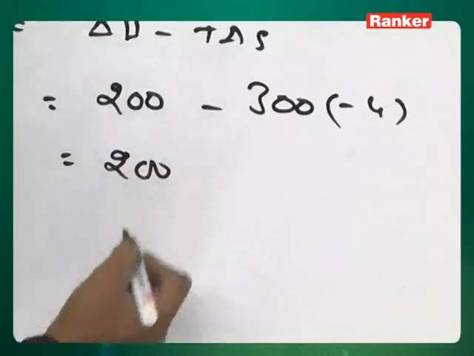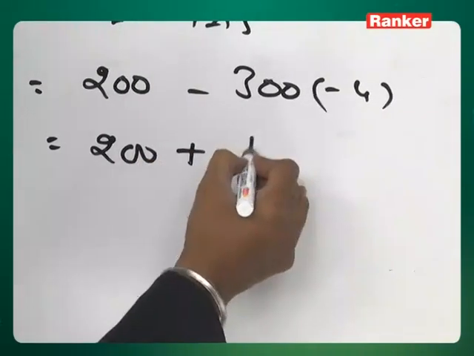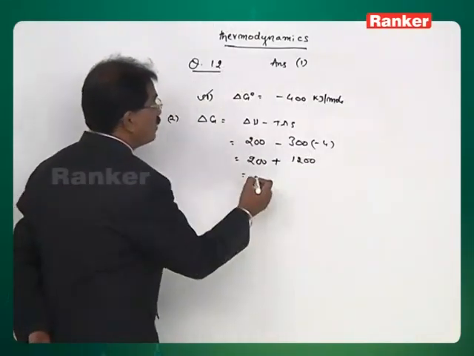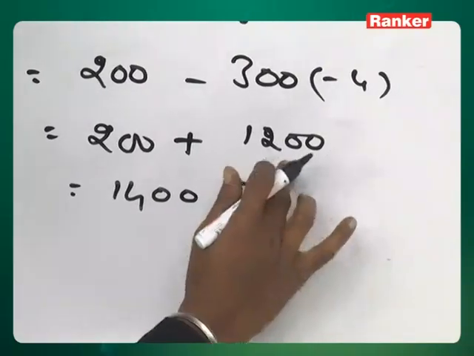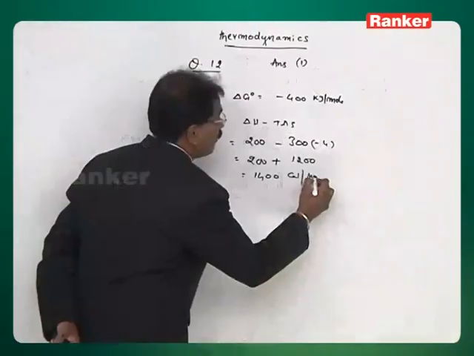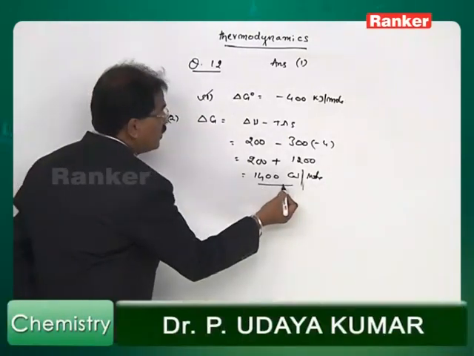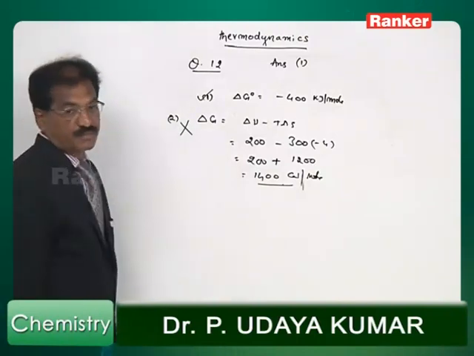Therefore, this is 200 minus of minus, plus, that is 1200. So 200 plus 1200, so plus 1400. Finally, the free energy change has become positive. Since the free energy change is positive, the reaction is not spontaneous, hence option 2 is wrong.